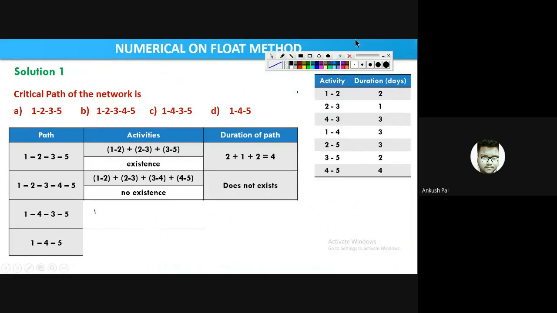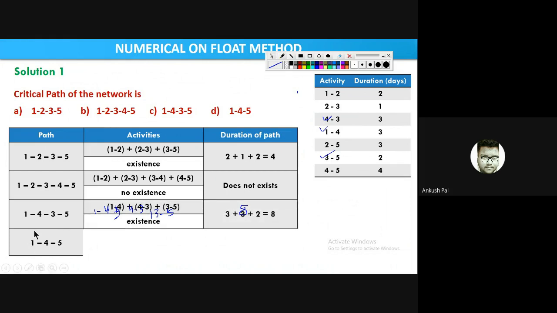See. 1 to 4. Plus 4 to 3, and 3 to 5 also exists, right? See 1 to 4, 4 to 3 and 3 to 5. Now what is the duration? 3 plus 3 plus 2, 8. So 8 days. Okay, so this exists.